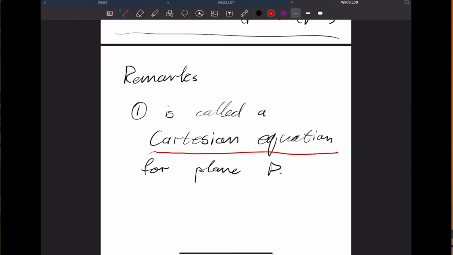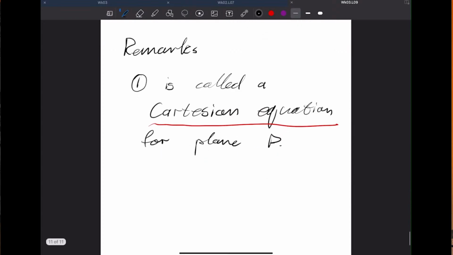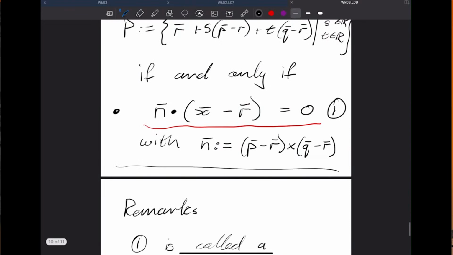And Cartesian, that is in honor of the philosopher and mathematician Descartes. Okay, so that is the first remark.